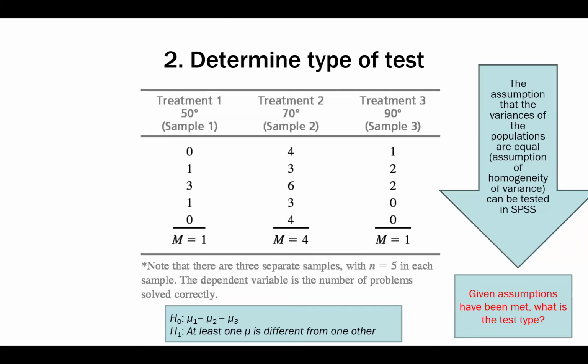Now, we have to decide the type of test. Again, we have 3 levels of one categorical factor. You could say that these were ordinal, but ordinal for the independent variable is fine as well. And the dependent variable is continuously measured.